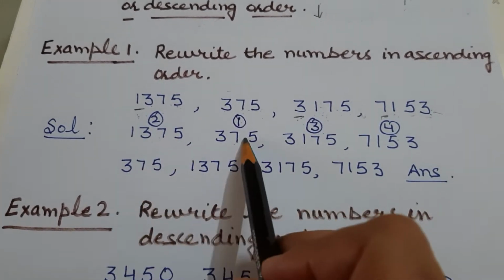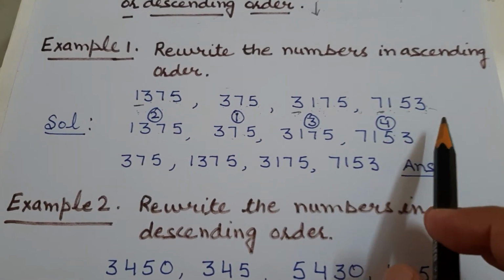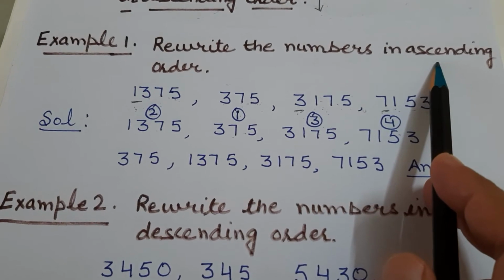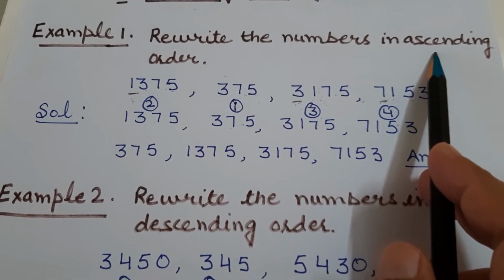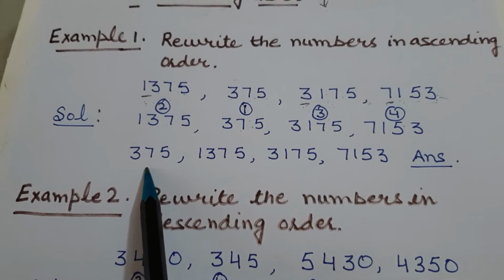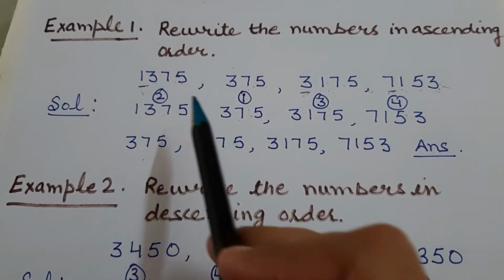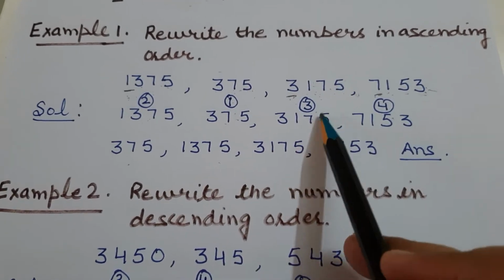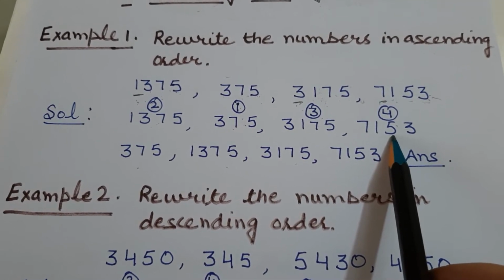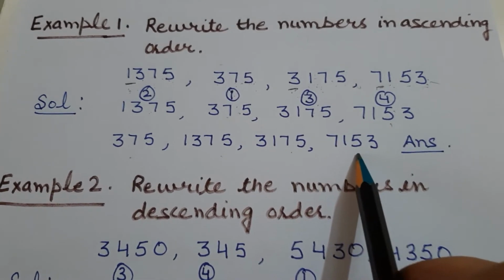Now all these numbers are in sequence. Now we write in ascending order, so we start from the smallest number. First we write the smallest number, then bigger than that this one, then bigger than that this one, and at last we write the biggest number.